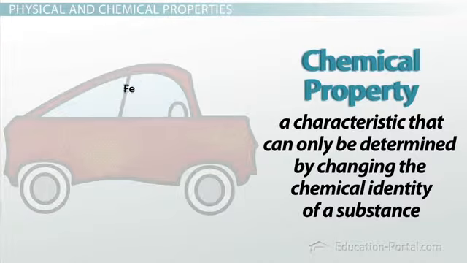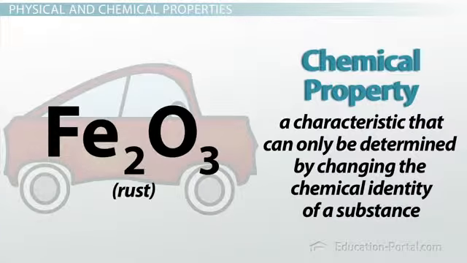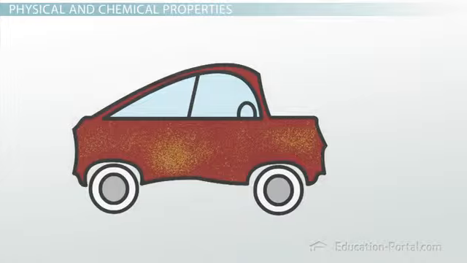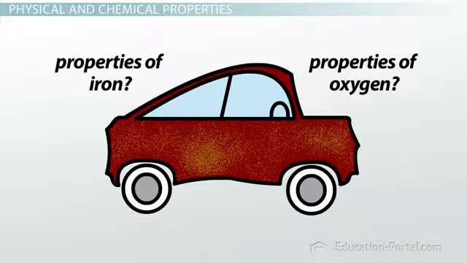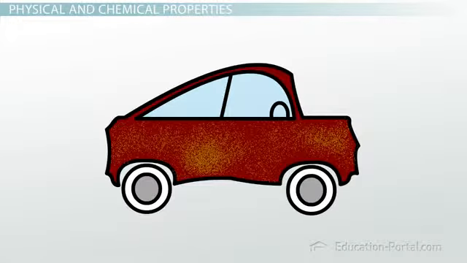What we started with was iron, but when it reacts with the oxygen in the air, it turns to iron oxide, or rust. What are some of the physical properties of rust? Are they anything like the properties of iron? Are they anything like the properties of oxygen? No, rust has its own set of properties.